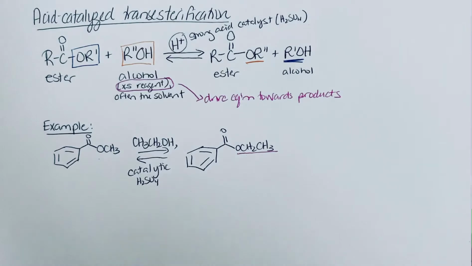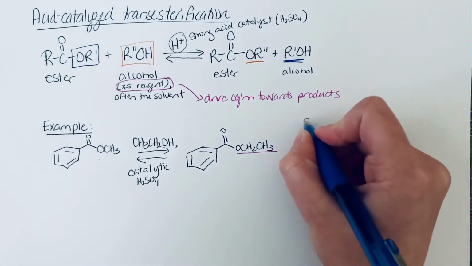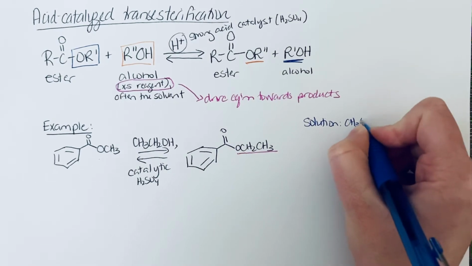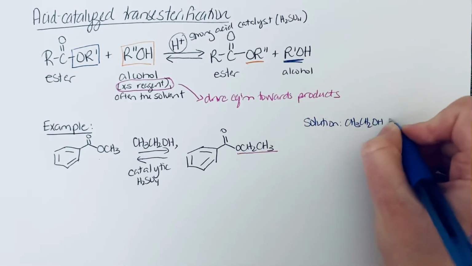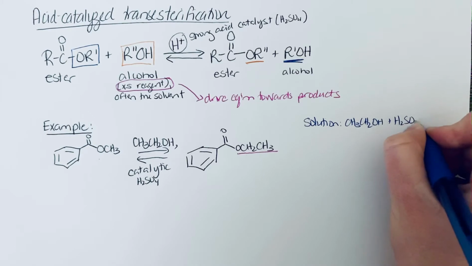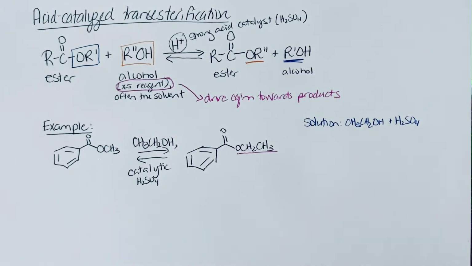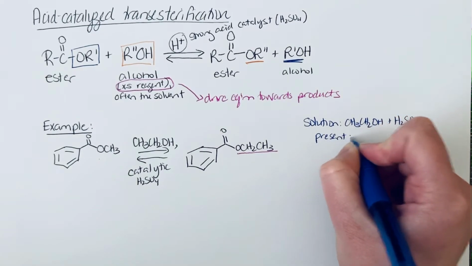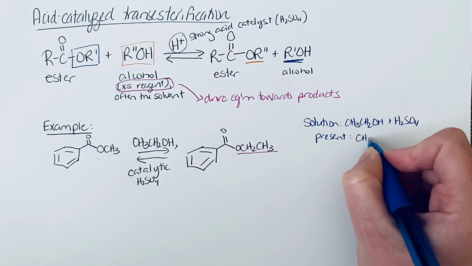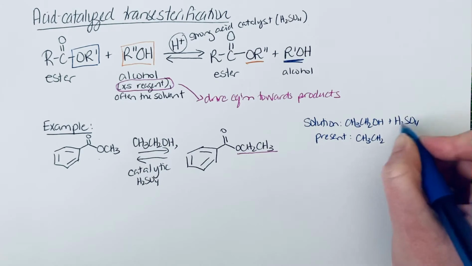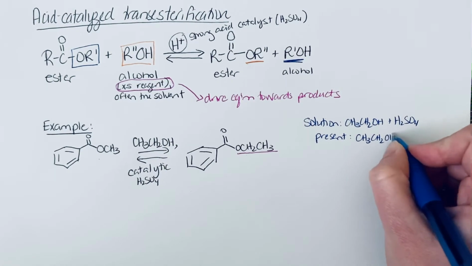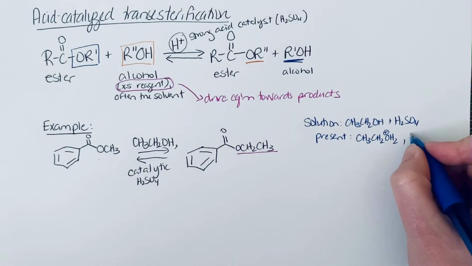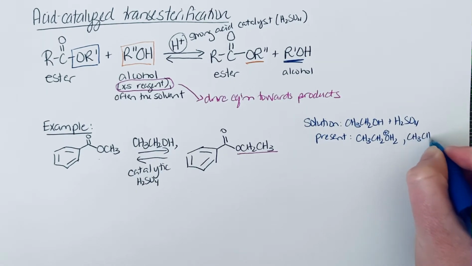So when you have a solution of an alcohol and your strong acid catalyst, what is actually present in that solution is your protonated alcohol. That's the sulfuric acid dissociating. You'd have a small amount of that, and most of the solution would just be your neutral alcohol.